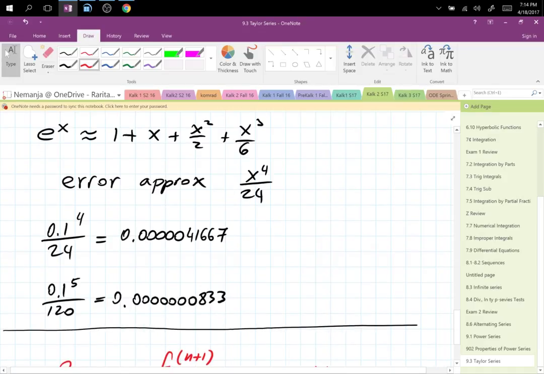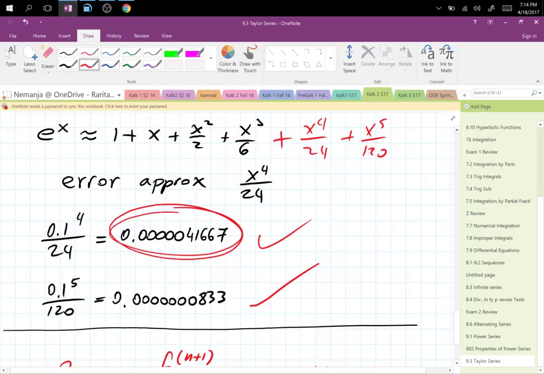You see that the term I throw away is x to the 4 over 24, and then the next one I throw away is x to the 5 over 120. Now look how much they contribute to the number in a sum. You can see how much bigger this number is than the next one.